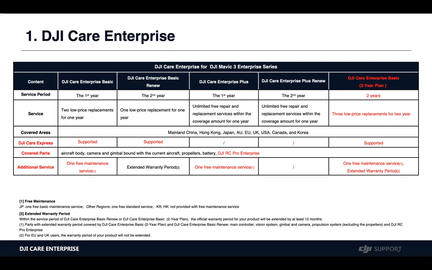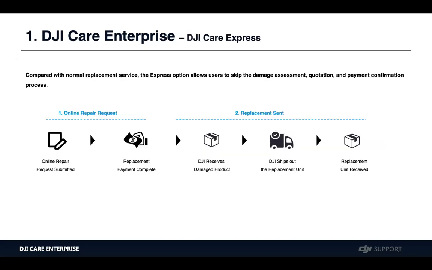Japan, that's going to be 1 free basic maintenance service. Other regions, 1 free standard service. And a couple regions where that's not provided in regards to the aircraft itself for Korea and Hong Kong. So you can see overall the different care options. We'll get into maintenance shortly.